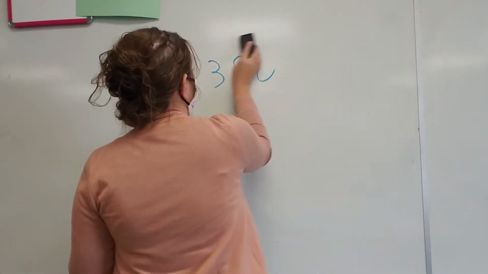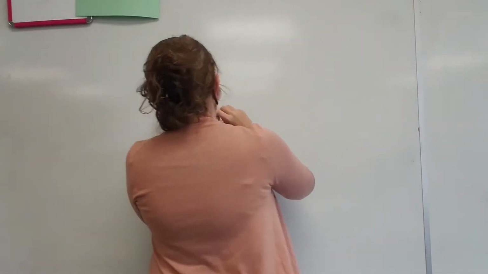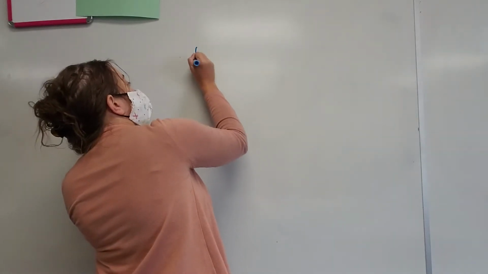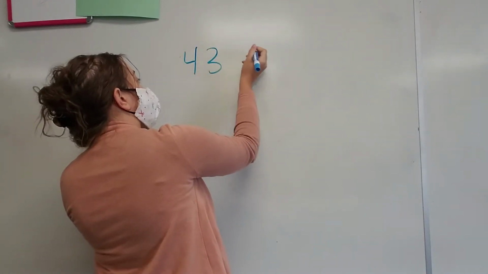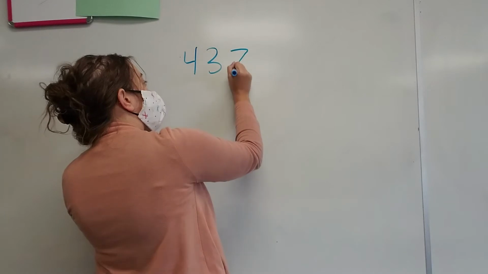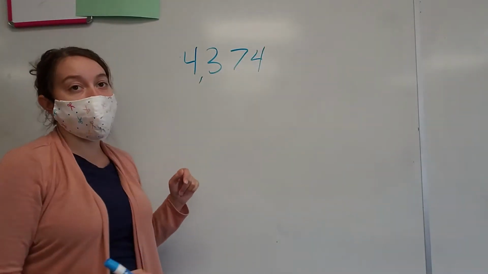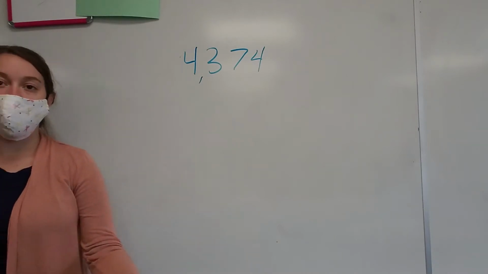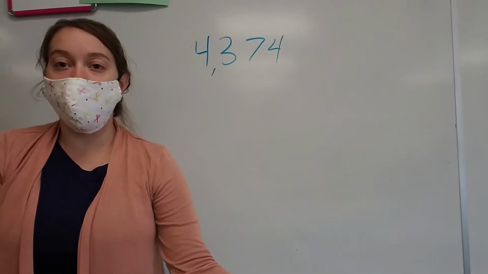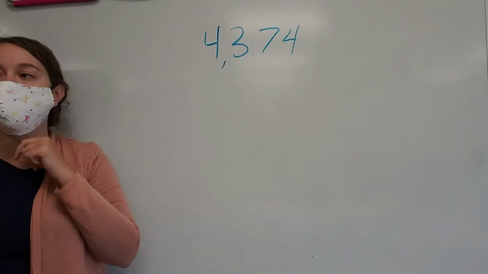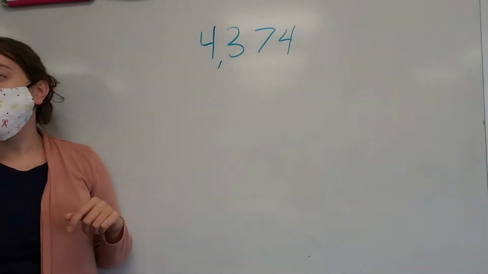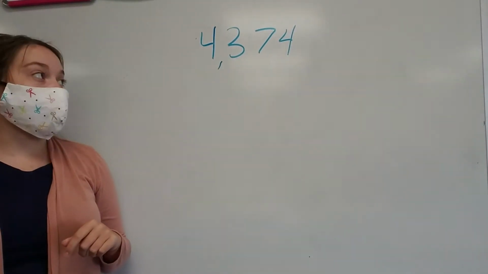Let's do another one. What if I say we are doing 4,374? I want to round to my hundreds place. Okay? If I want to round to my hundreds place, what number is in my hundreds place, Boyleon? What number is in my hundreds place? 3.